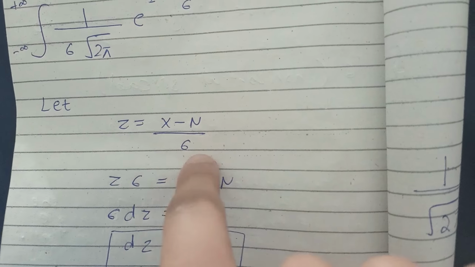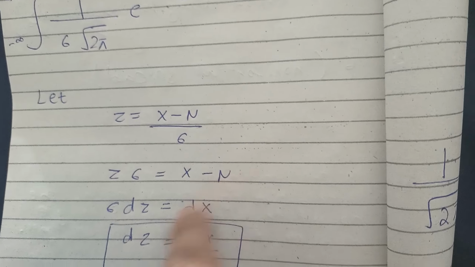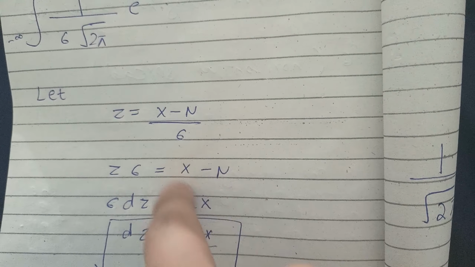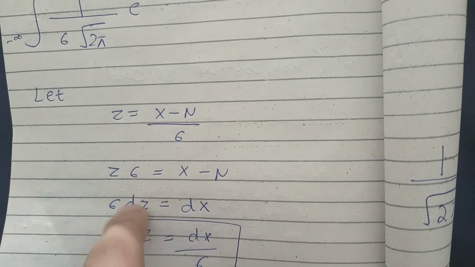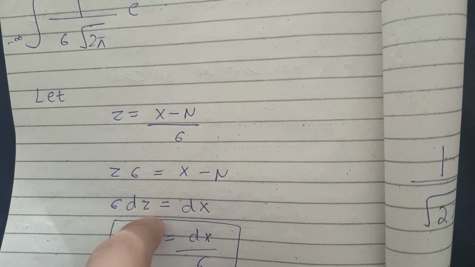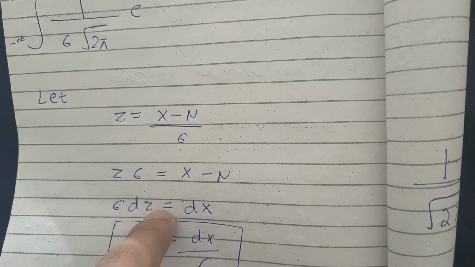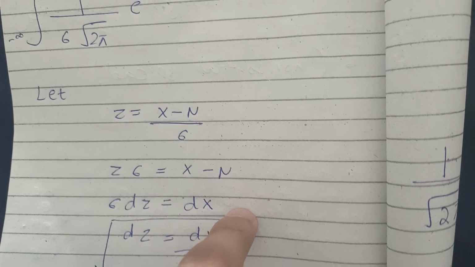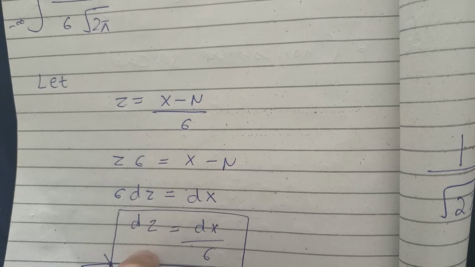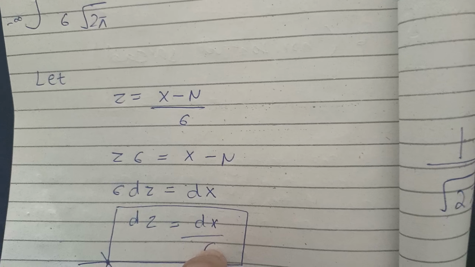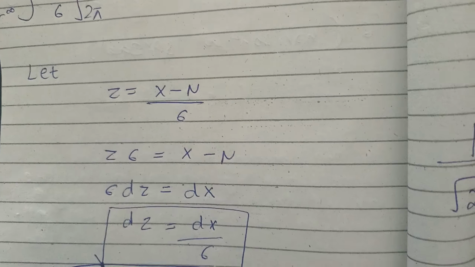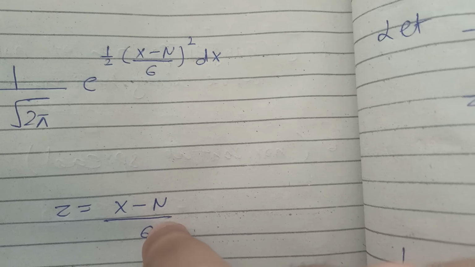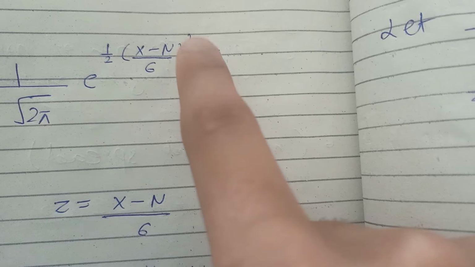We can write z sigma is equal to x minus mu. Then we know mu and sigma are constants. We're going to differentiate this: dz can be written as dx, and mu is a constant, so its derivative is 0. So we get the dz value, which is equal to dx by sigma. Okay, this is what we got. As we know, this (x minus mu) over sigma is equal to z, so we can write it as z squared.